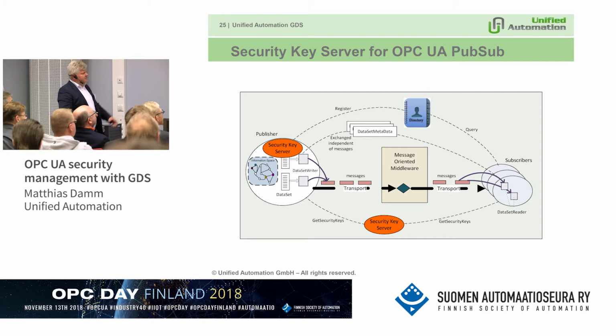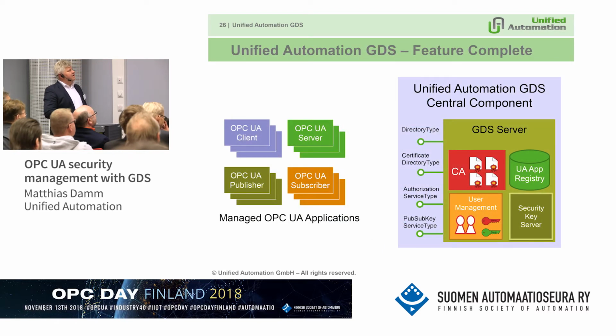What we plan as a second version for the GDS is to be able to manage really all roles of OPC UA: clients, servers, publishers, and subscribers, and the necessary security context for them.